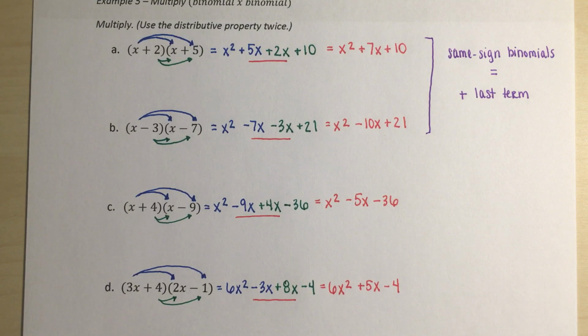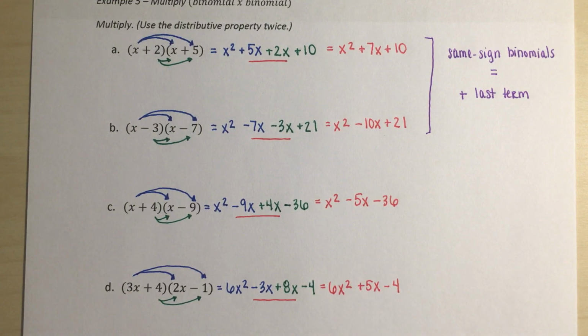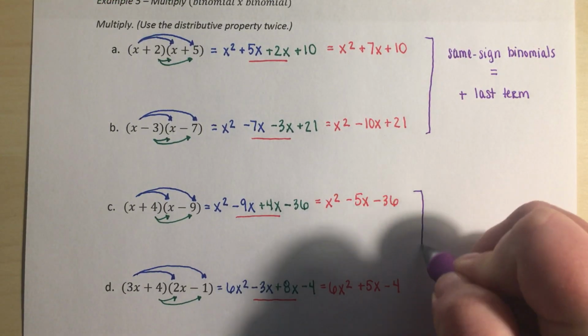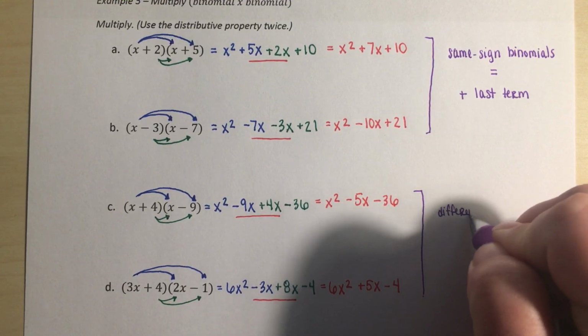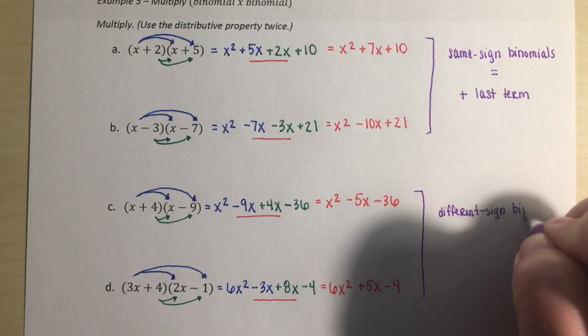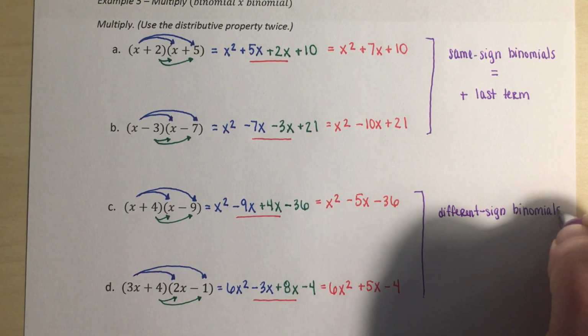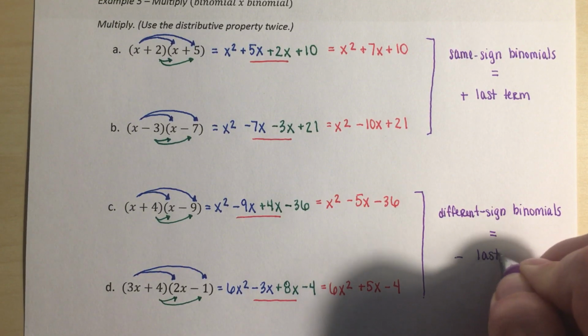Then notice that for C and D, we have one positive sign and one negative sign in each of those. So we have different signed binomials. And notice that in both of these cases, our last term is negative. So we're also going to make a little note here that says if we have different signed binomials, we end up with a negative last term.